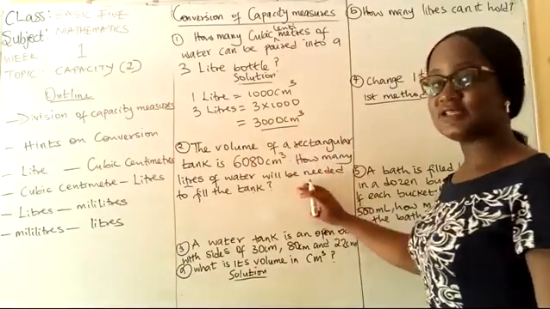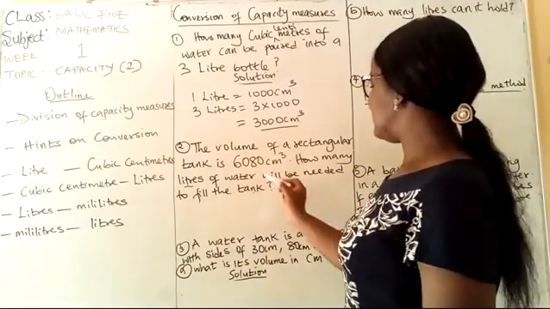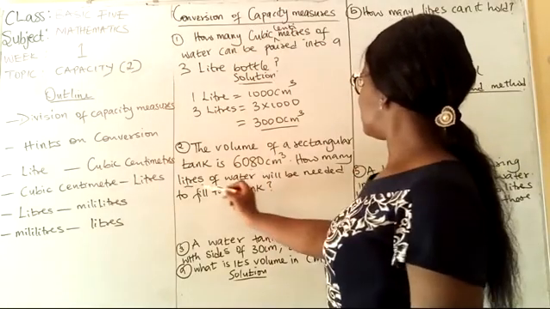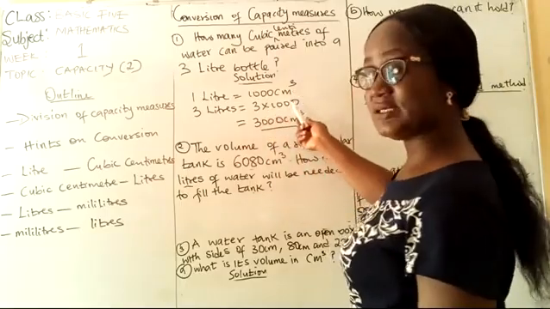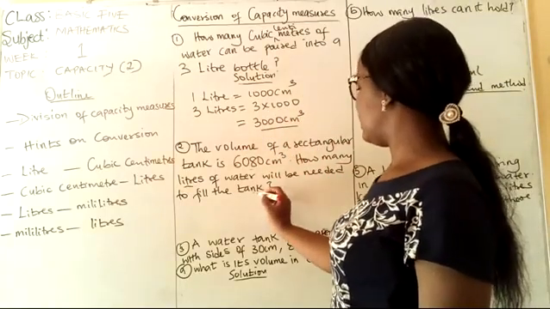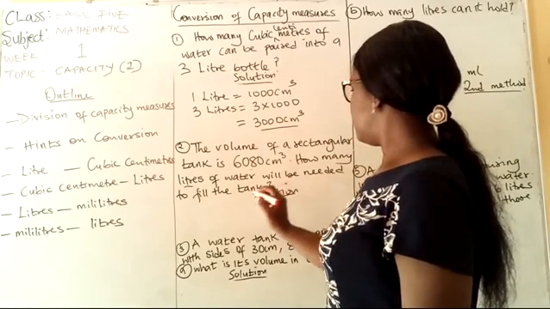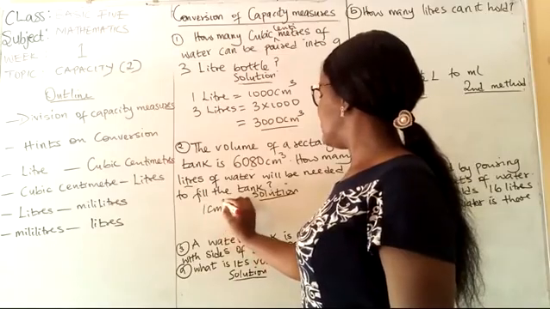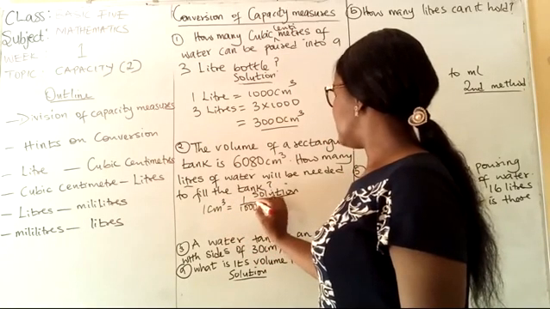Okay, so the next question we have: the volume of the rectangular tank is this, and how many liters of water will be needed? So here we converted from liter to cubic centimeter, and here we are going to convert from cubic centimeter to liter, okay? So what are we going to have? Let's solve. We simply have that 1 cubic centimeter will be giving us 1 over 1,000 liters, right?